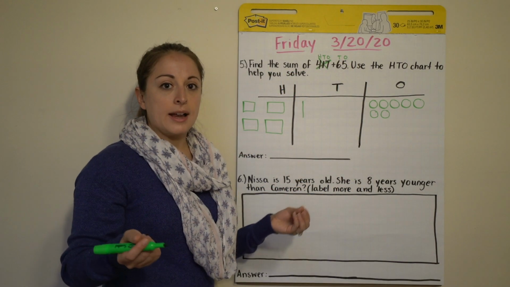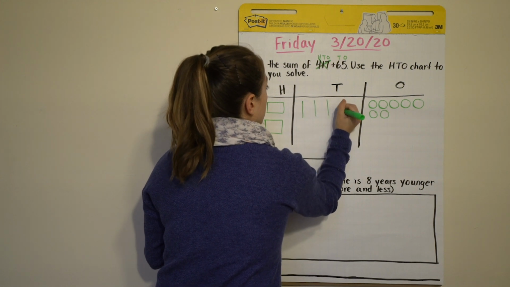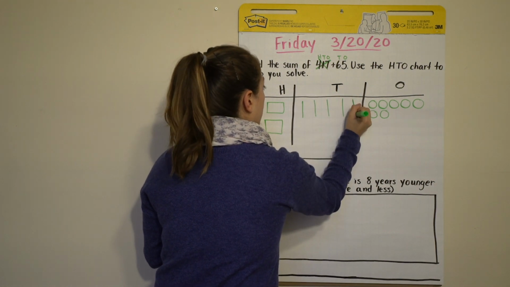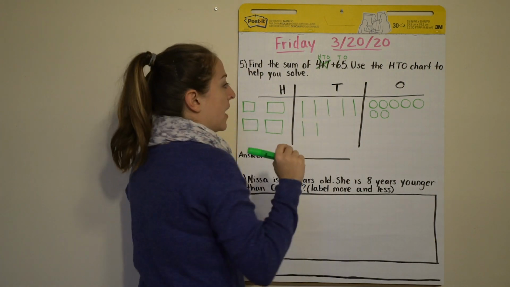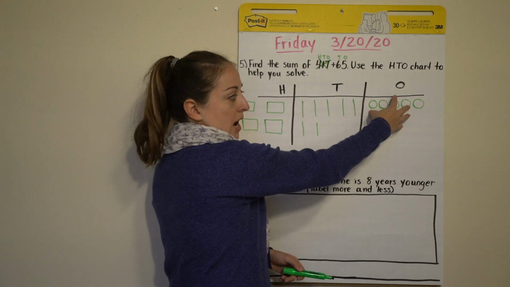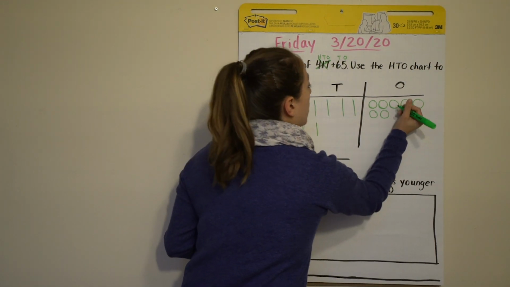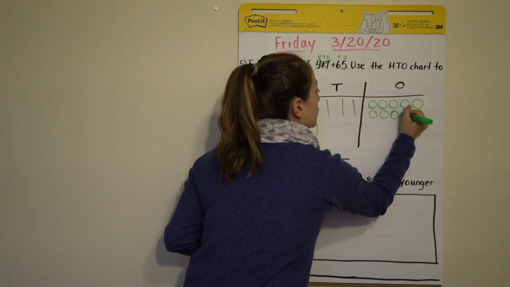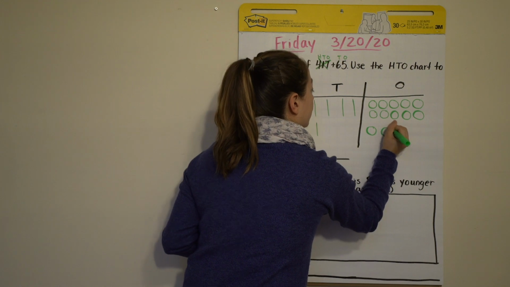Okay, so I'm going to go ahead and draw the tens. So 1, 2, 3, 4, 5, 6. And I have 5 ones. I'm going to continue drawing in this spot. So if I make a 10, I'll know. So 5 ones. 1, 2, 3, 4, 5.